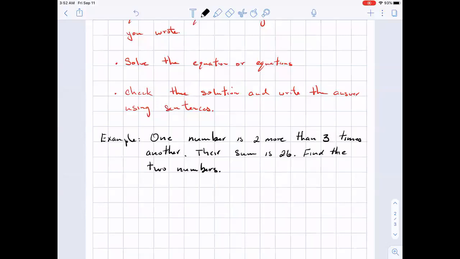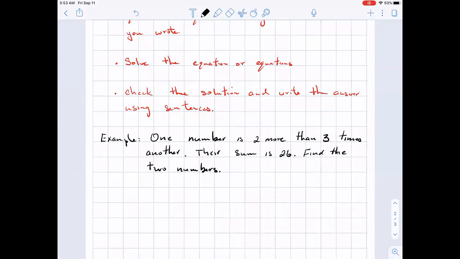So our first example: one number is 2 more than 3 times another. Their sum is 26. Find the 2 numbers. Let's read that again.